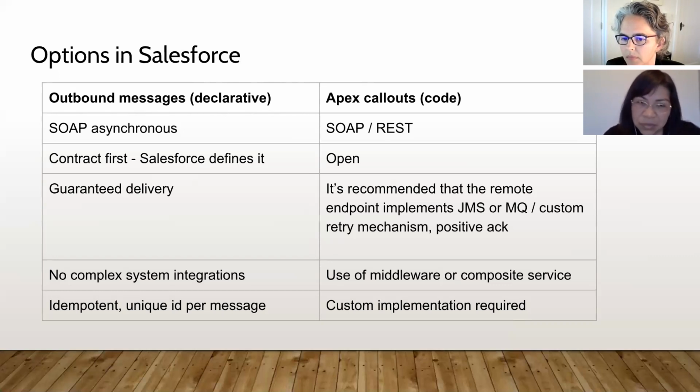If something goes wrong, we have to code for failures and retry. But another advantage of Apex callouts is that we can use middleware or composite services for complex integrations, unlike outbound messages, where we cannot use them at all.